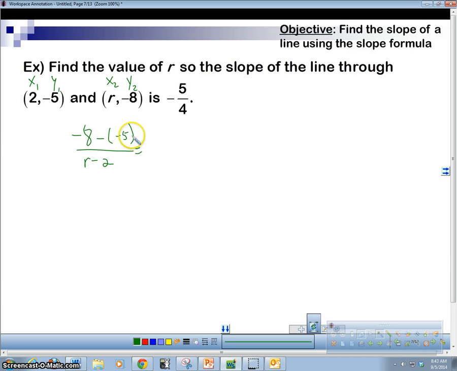So we're going to add this up together, and we're going to get negative 3 over r minus 2 equals negative 5/4. I'm just going to put the negative up here because it doesn't matter as long as it's one of them. And then we're going to cross multiply. So 4 times negative 3 is negative 12, and negative 5 times r minus 2.